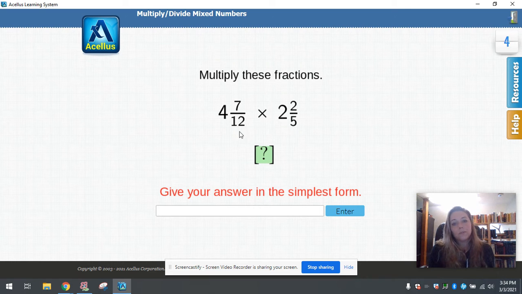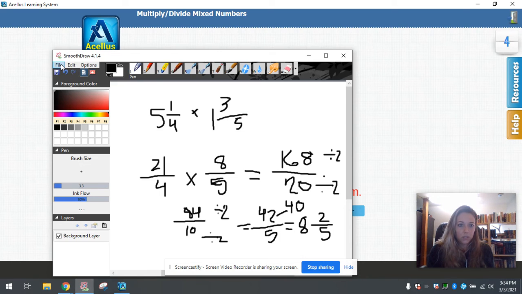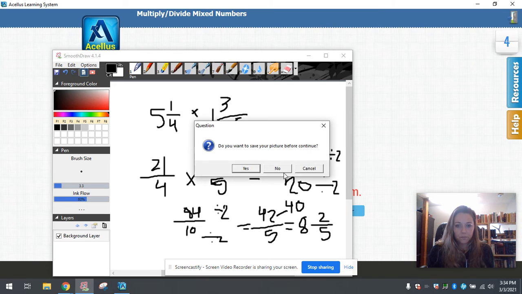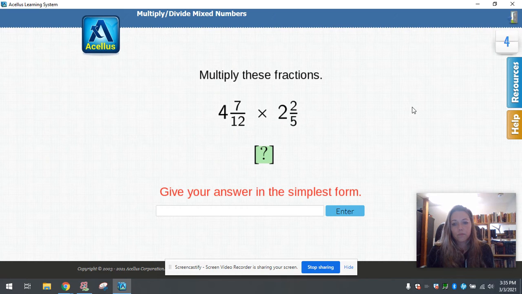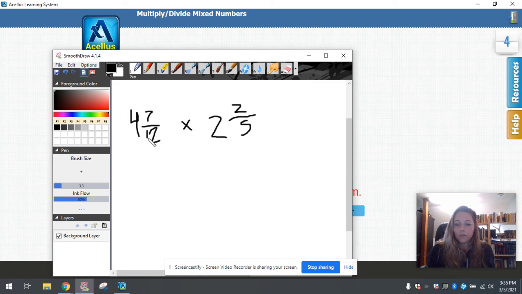Multiply 4 and 7/12 times 2 and 2/5. Okay, turn them into improper fractions rather than mixed numbers. I'll go 12 times 4, which is 48, plus 7 gives me 55.